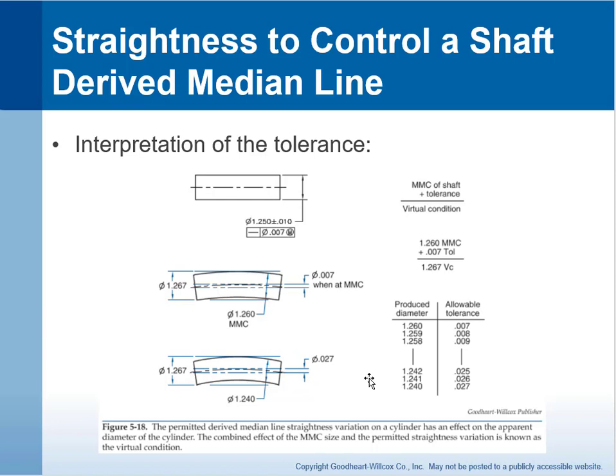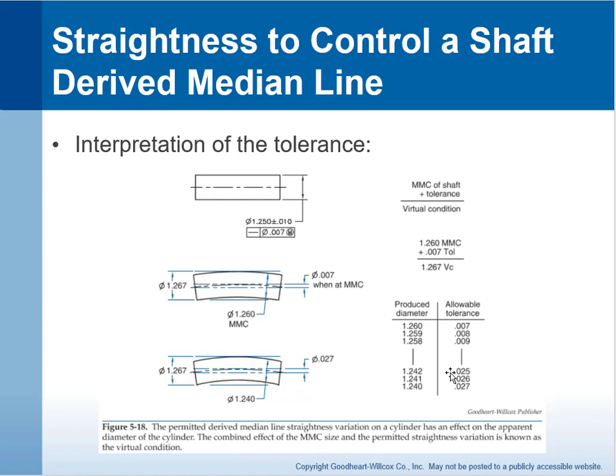What this table says is, when I make my part right at the MMC, which is 1.26, I only have 7 thousandths form tolerance available, because if I went outside the 7 thousandths form tolerance, I would violate my virtual condition here. However, if we make this part 1 thousandth below the maximum material condition, at 1.259, we actually have 8 thousandths allowable tolerance.